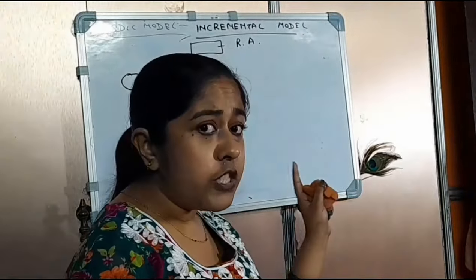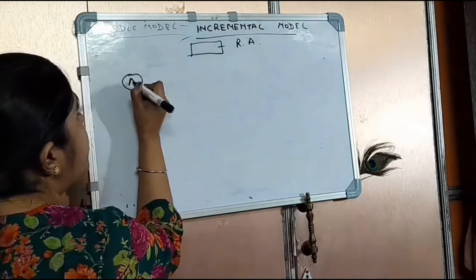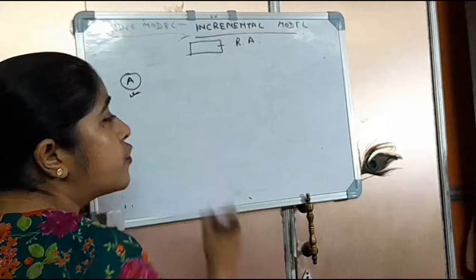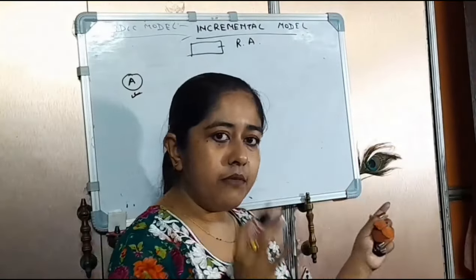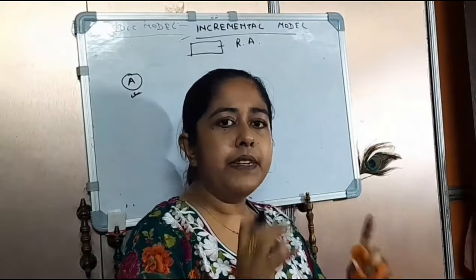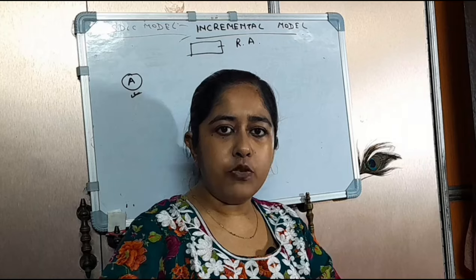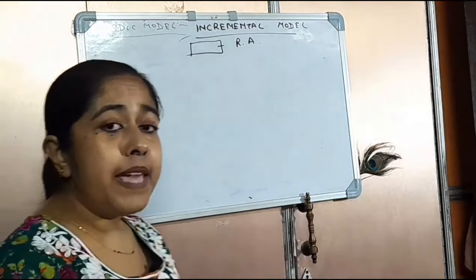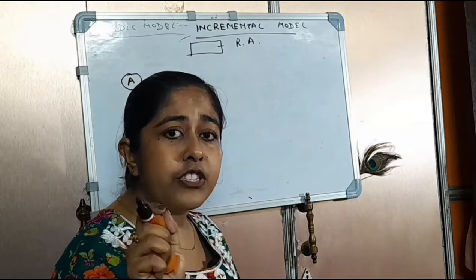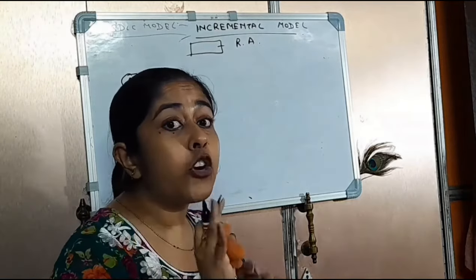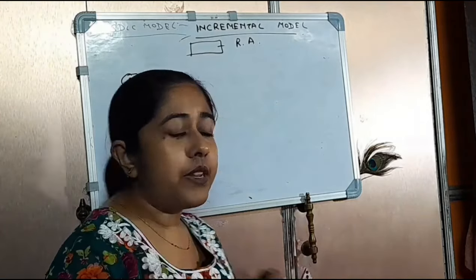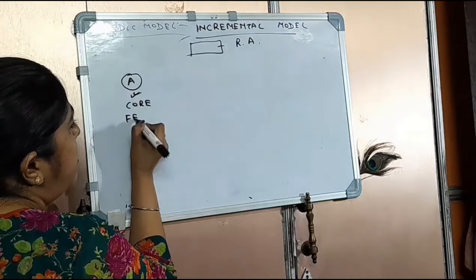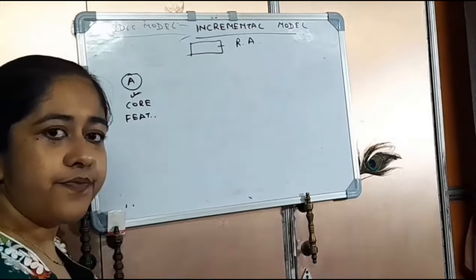Suppose this is my module A. First I break my whole requirement into specific modules. The first module is my A module. This module will have some core features, not all the features of my software.